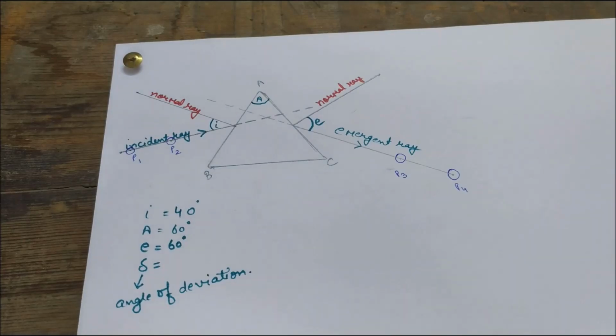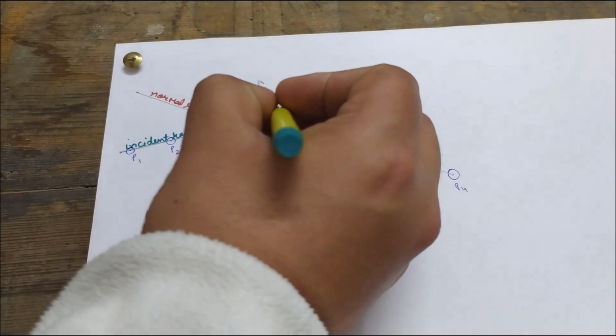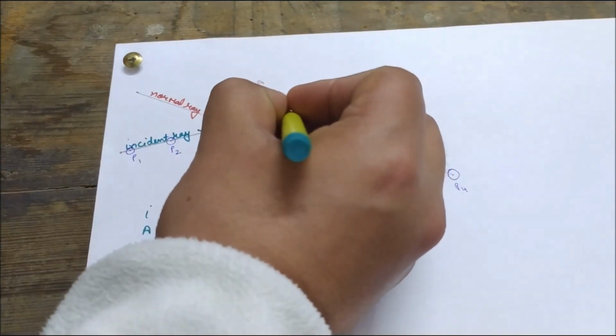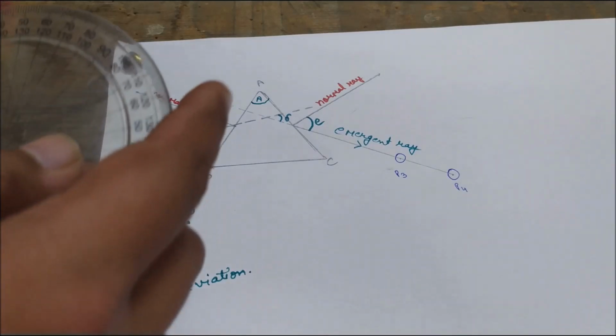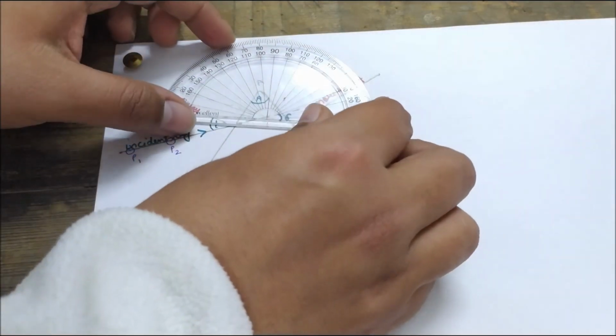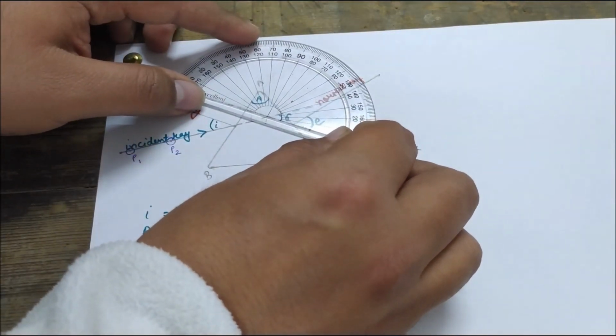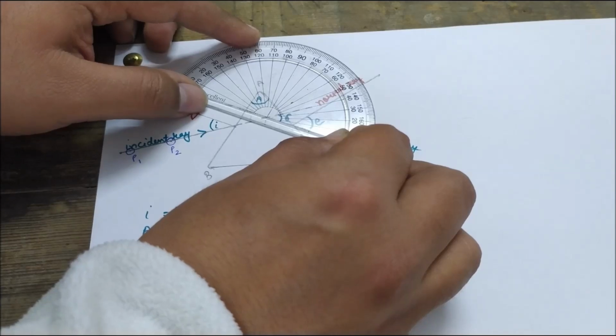Angle of deviation is defined as the angle which is obtained from the difference between the angle of incidence and the angle of refraction created by the ray of light traveling from one medium to another that has a different refractive index. In simple words, the angle between the incident ray and the emergent ray is called the angle of deviation. Measure the angle of deviation with a protractor.